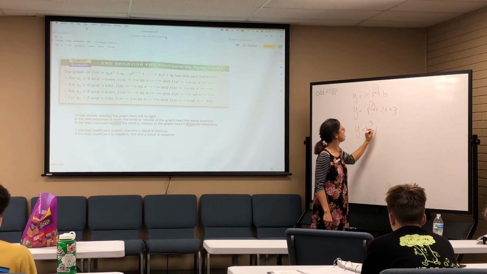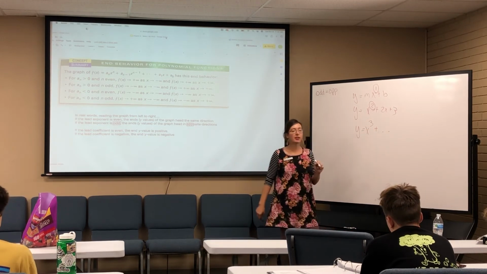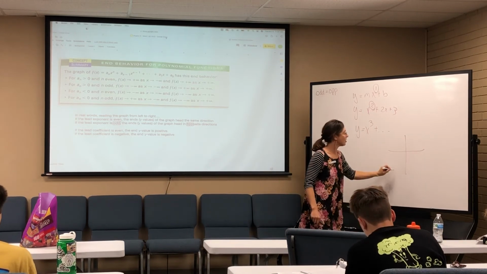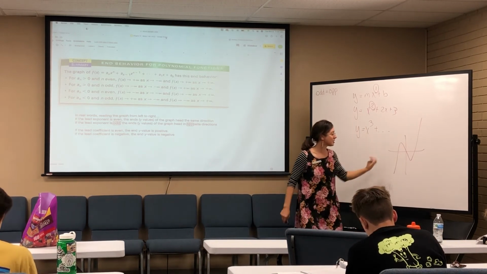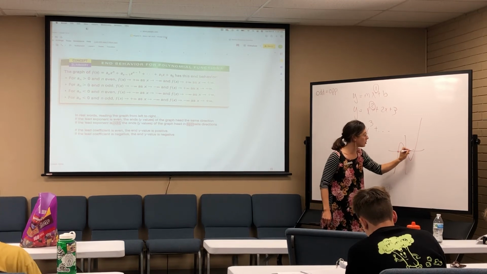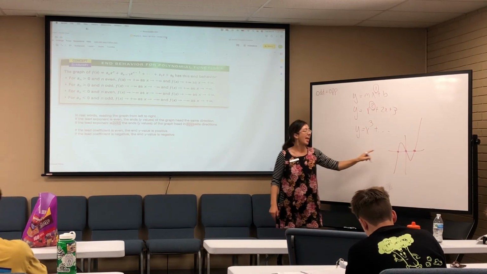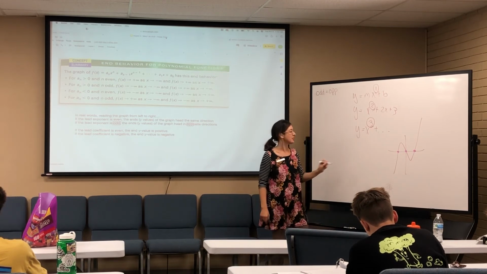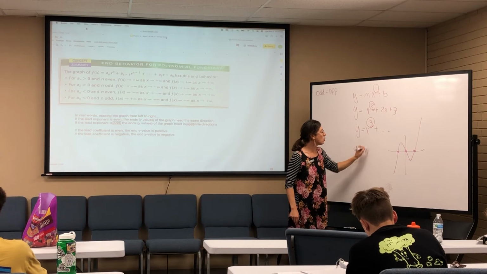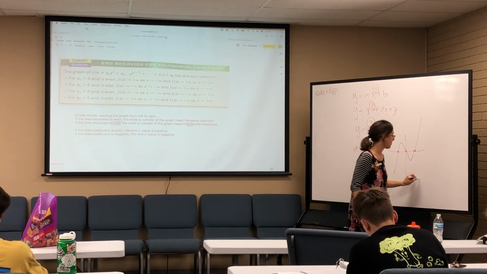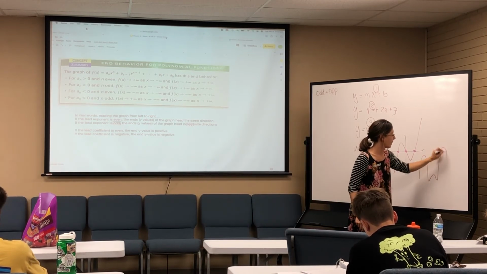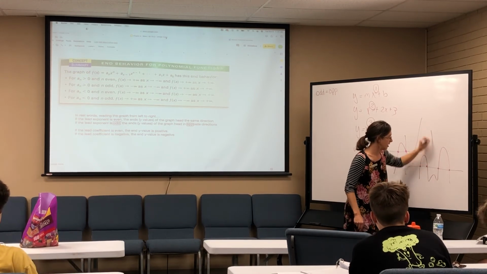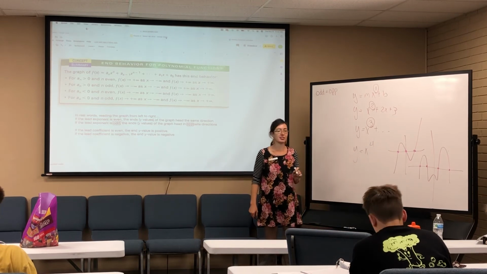How many times do you think a cubic can cross the x-axis? 3. It is a graph that looks like this. 1, 2, 3. At most, it will have 3 solutions. If I have a quartic, at most, it could have 4 solutions.